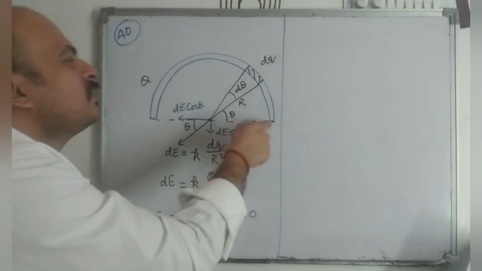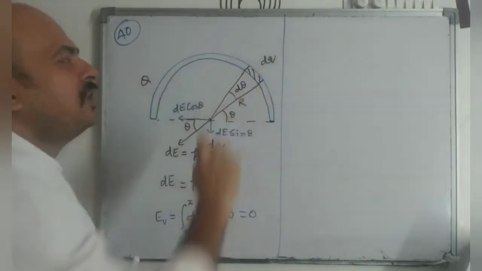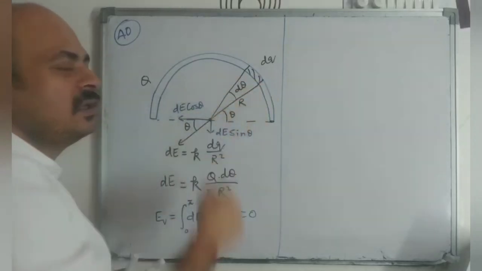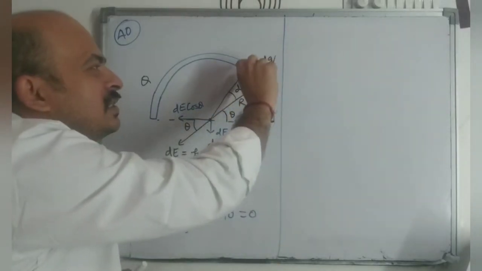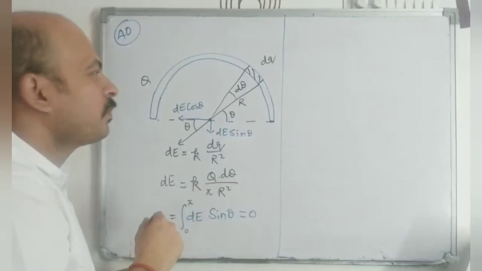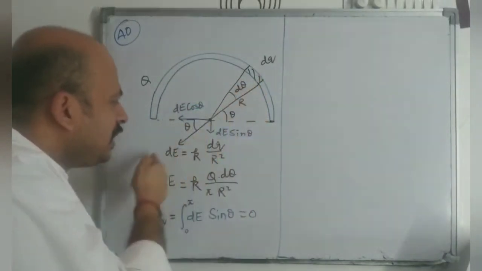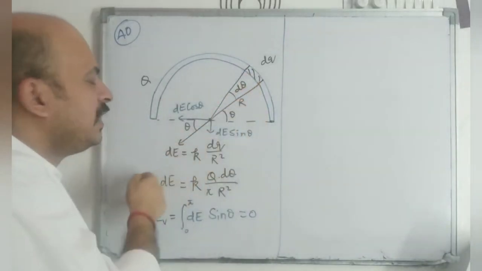So if we take a small element in that ring of dq, at theta angle from horizontal, then electric field due to this element, which is very small, so d theta will also be very small. So dE, electric field due to dq, is acting away.